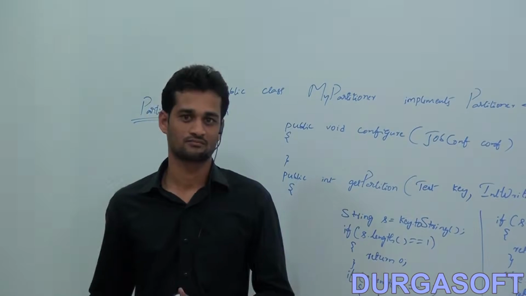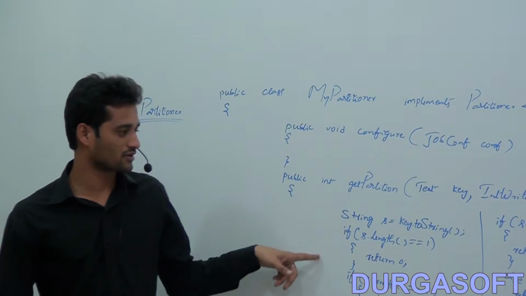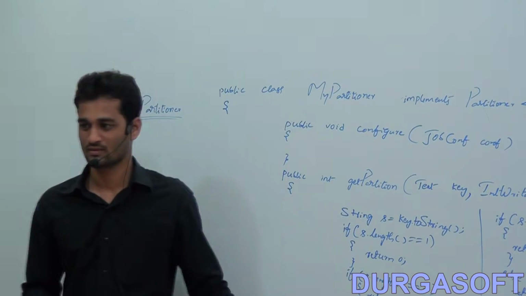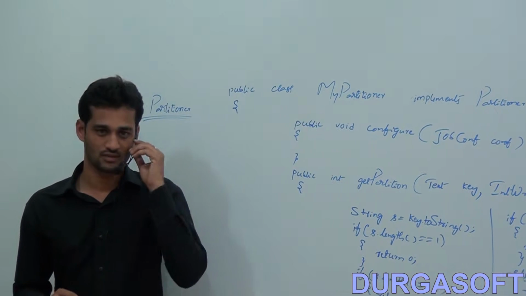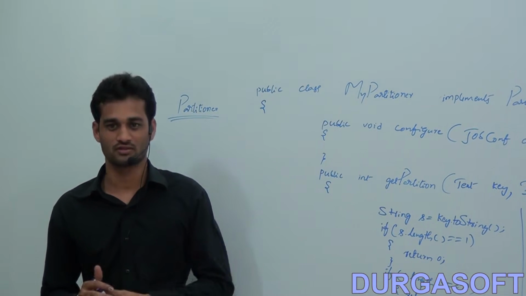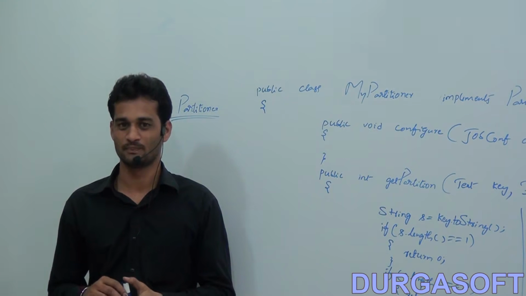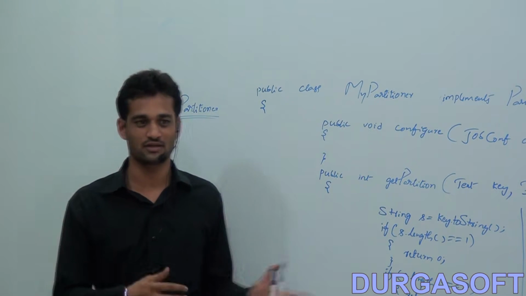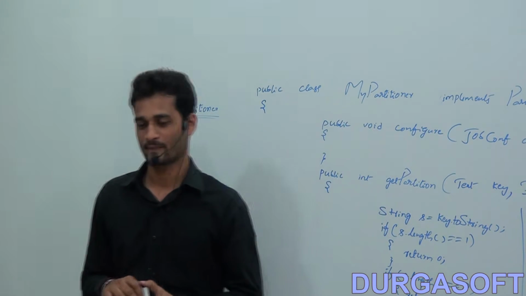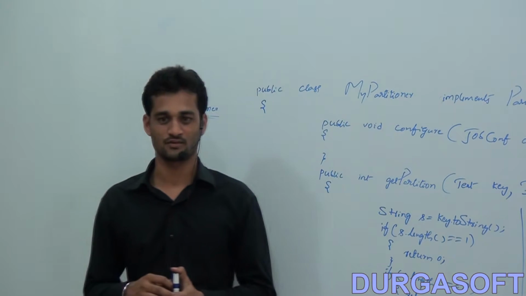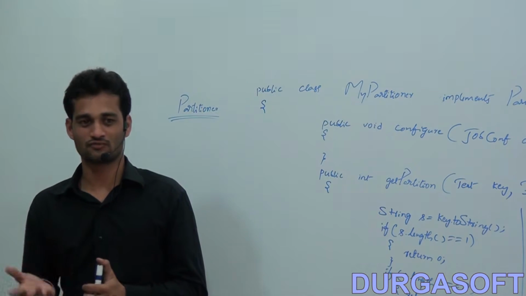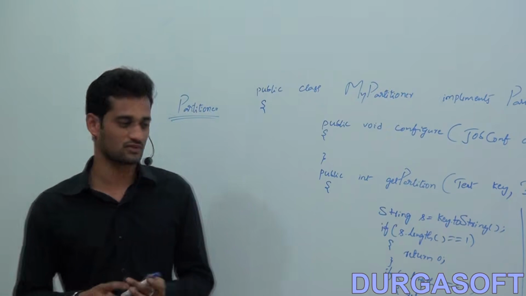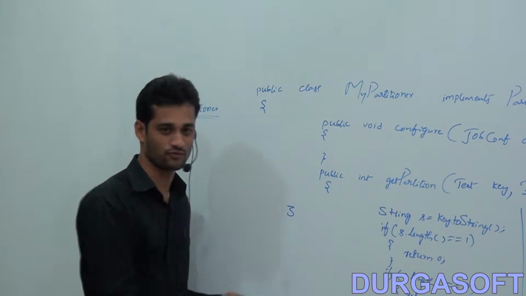So now see, how many reducers do you have to work with at minimum? 4, mandatory. What will happen if I am taking less than 4? Just say I am taking 3 only, not 4.